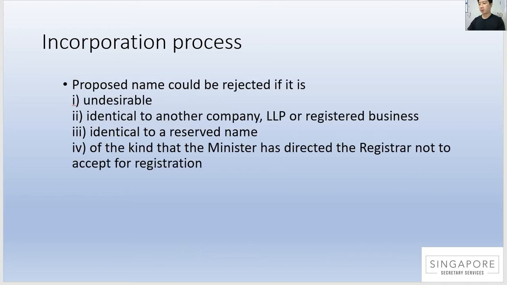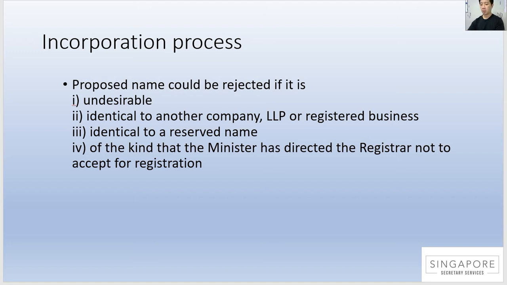So for the company name, you need to provide us with a proposed name, and the proposed name could be rejected if it is undesirable, which means that you have maybe profanities inside or certain words that are undesirable during the incorporation process.